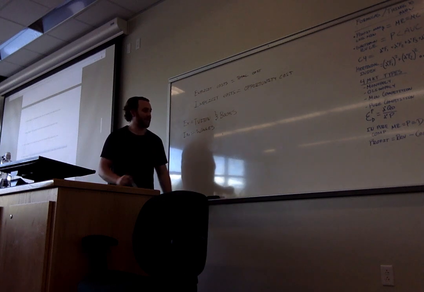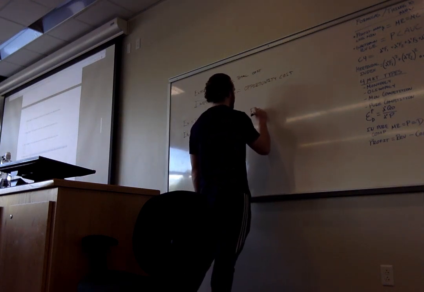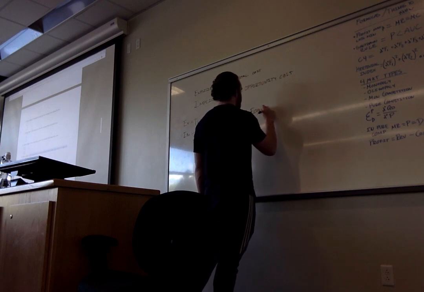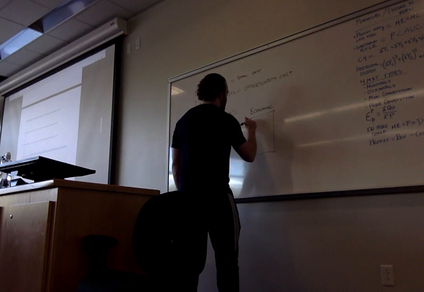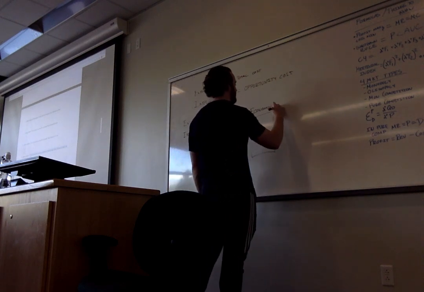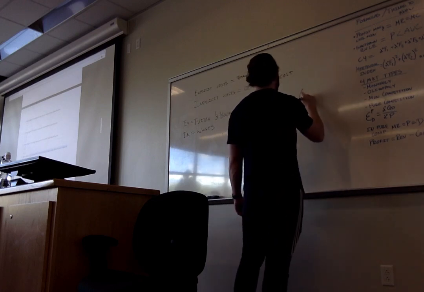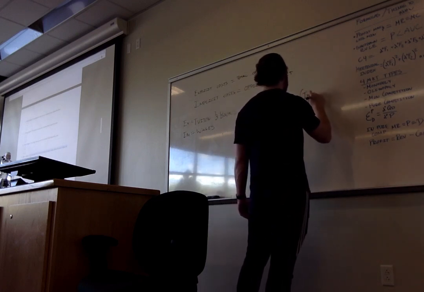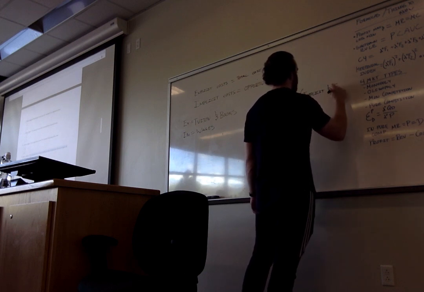Okay. So when you're looking at profit, economic profit is your revenue minus your implicit and explicit costs.